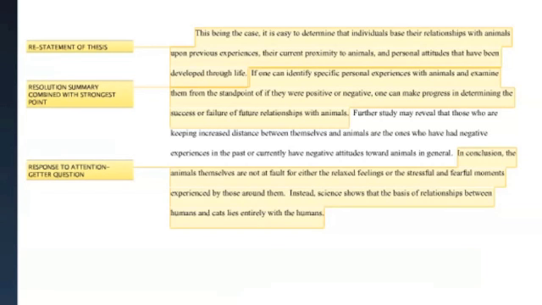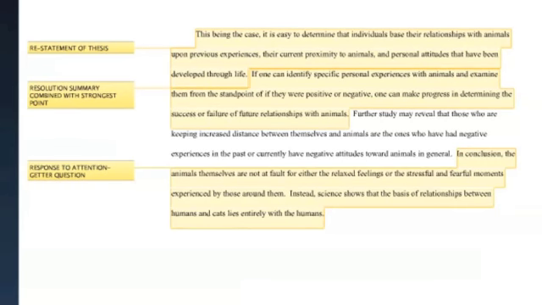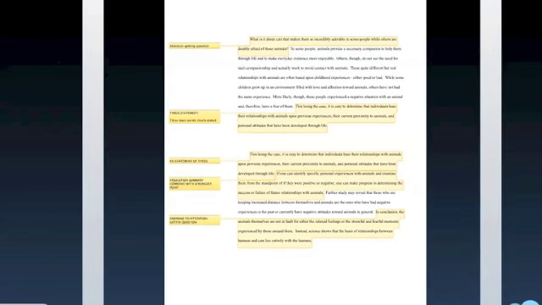Instead, science shows that the basis of the relationships between humans and cats lies entirely with the humans. So as you can see in the structure, you've come to a conclusion, you've shown what the research has provided in the paper, and you've once again restated your point. And the reader can go away with an informed opinion of whether they agree with your particular point of view or not.